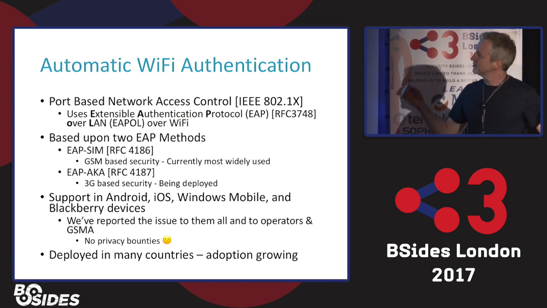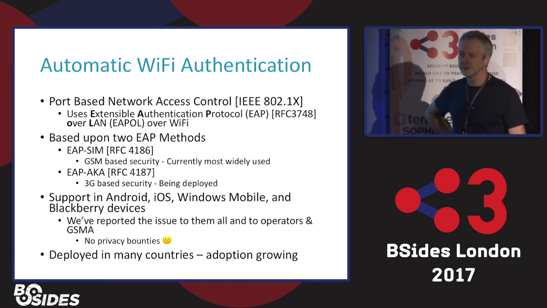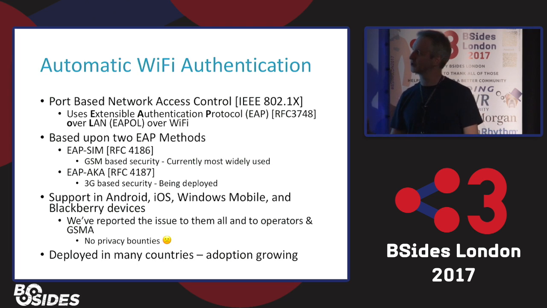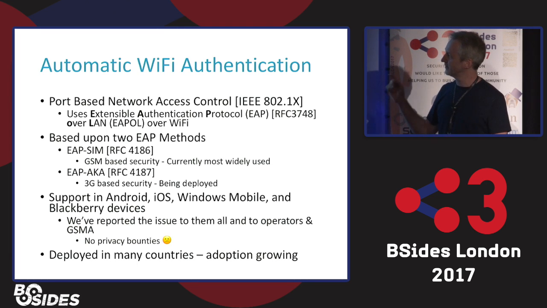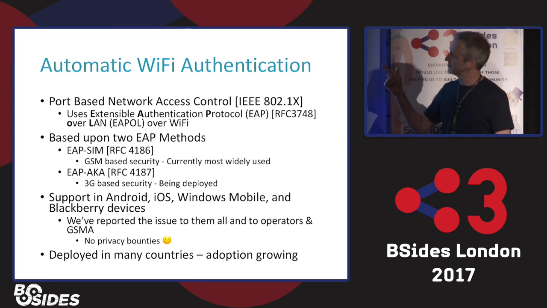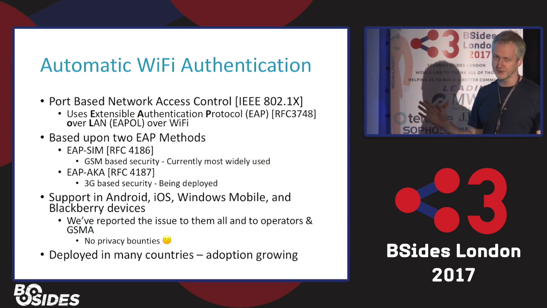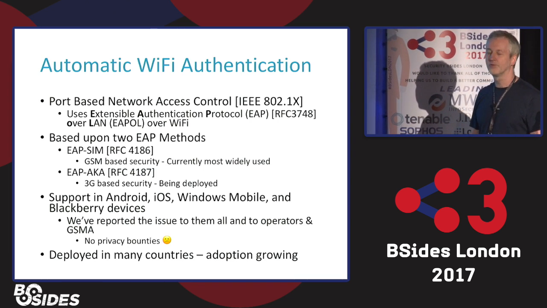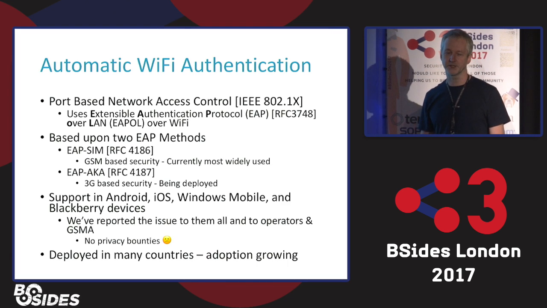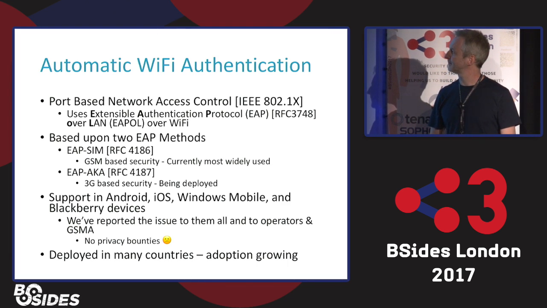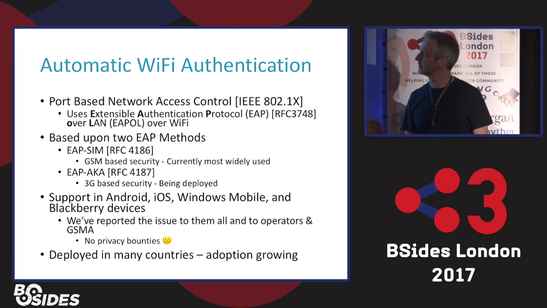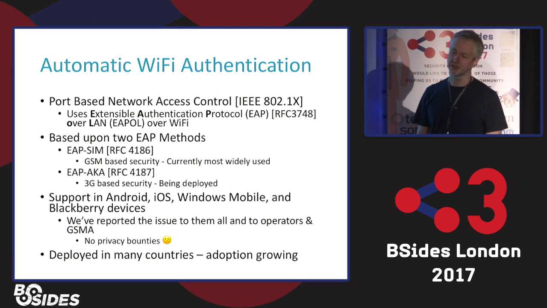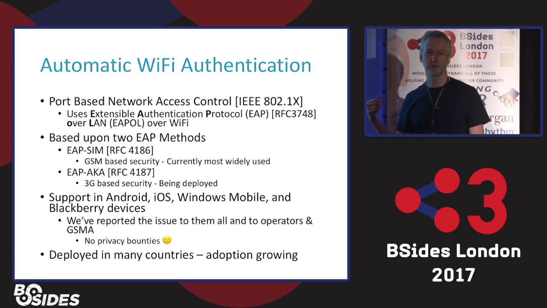The two specific EAP methods we're interested in, which are used to do the authentication for these services, are EAP-SIM, which is based on GSM security and is currently the most widely used for Wi-Fi access point authentication, and EAP-AKA, which is 3G-based security and is under deployment now.